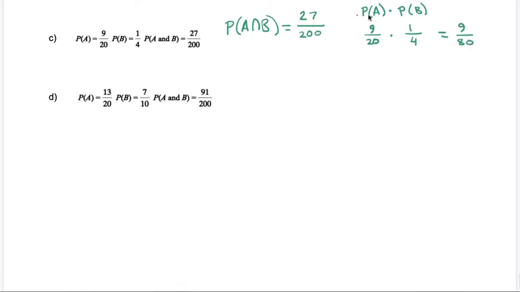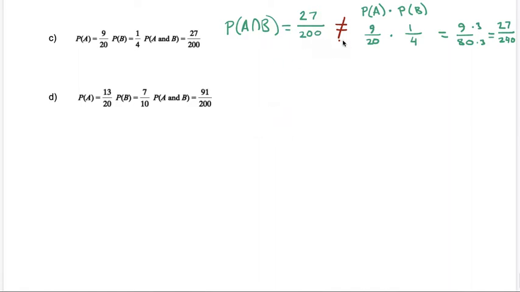Okay, and are these equivalent fractions? Well, if we multiplied times 3 above and below, which is what we get for 27, we'd find that we get 27/240ths. So these two are not equal, and therefore, these two events are dependent on one another.